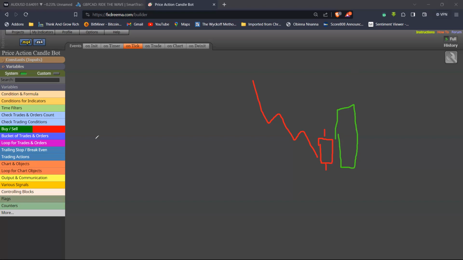The opposite is a bearish engulfing, where we have a bullish candle followed by a bearish candle that engulfs the previous bullish candle, including the wick. The close of the candle, at least this point here, should be lower than this point. And in this case here, this close should be higher than this point. So that's a bullish and bearish engulfing candle.